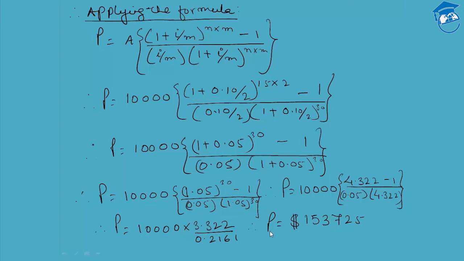1,53,725 USD. So the present value for a future annuity works out to be 1,53,725 USD. So this amount represents the present value of an annuity of 10,000 for the next 15 years, fetching a semi-annual rate of interest of 0.05 against a nominal interest of 10%, compounded semi-annually.